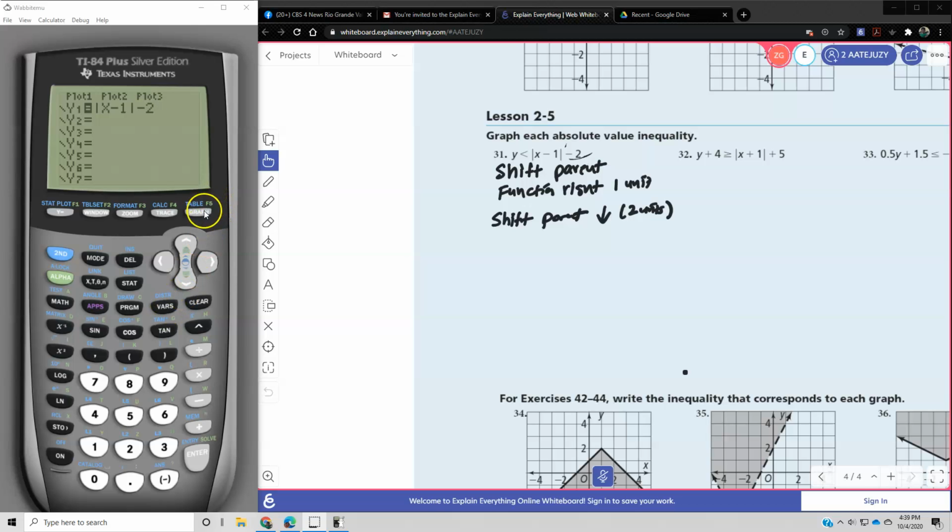So I'm going to go ahead and graph it. And you notice that it went to the right 1 unit, and it went down 2 units. And so the new vertex is going to be 1, -2, right? And then the axis of symmetry is going to be x equal 1.